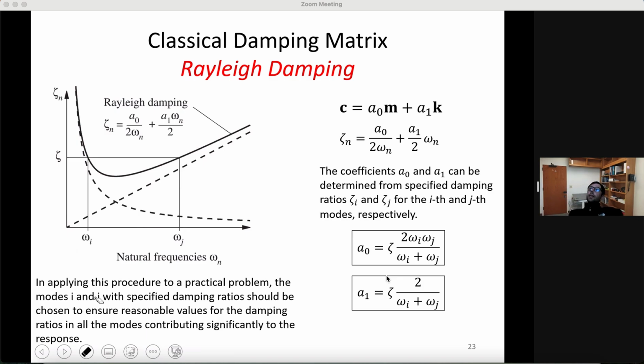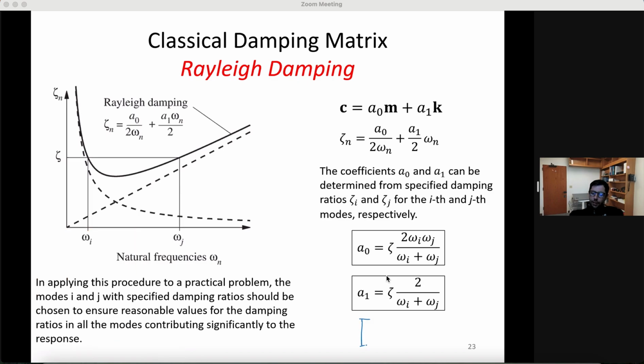The conclusion is the following. The scope of a modal analysis is that of decoupling the equation of motion. You start from a system of equations, you end up with n equations, each of which is representing a single degree of freedom system. This is only possible because the stiffness matrix and the mass matrix can be written as diagonal matrices.